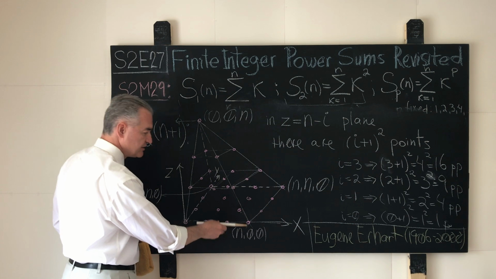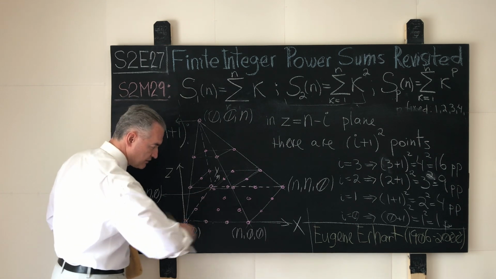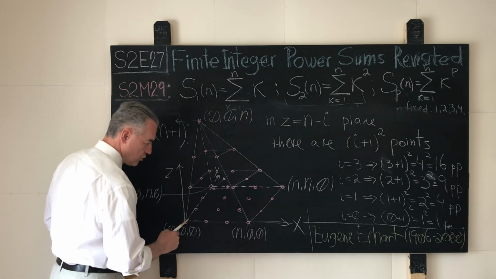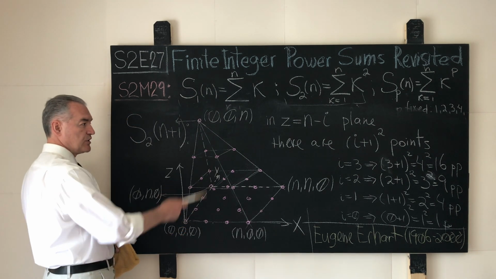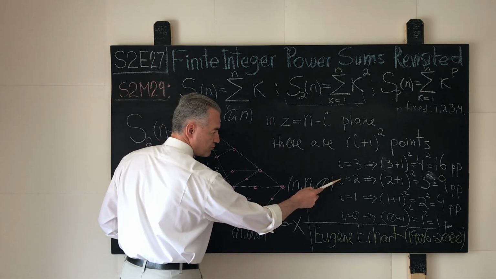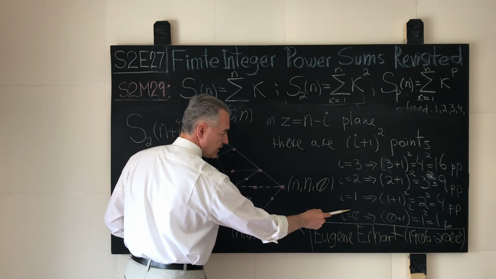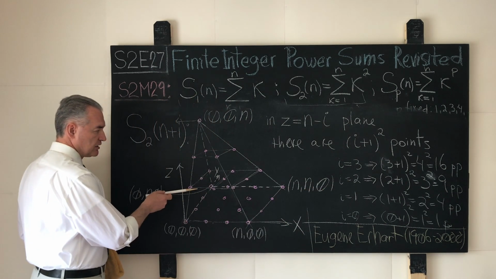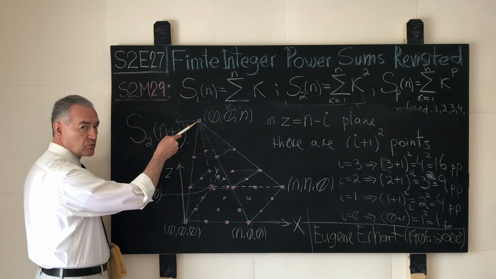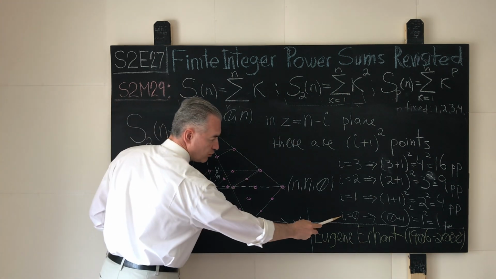This is our zeroth plane, so to speak, that coincides with the x, o, y plane. And then as we climb up, we go through the numbers i equals 2, 1, and 0. Consequently, 2, 1, and 0. At the top, we have evidently only 1 point.